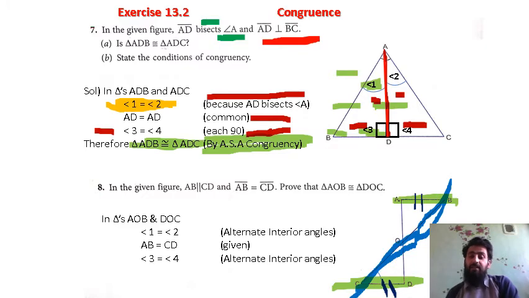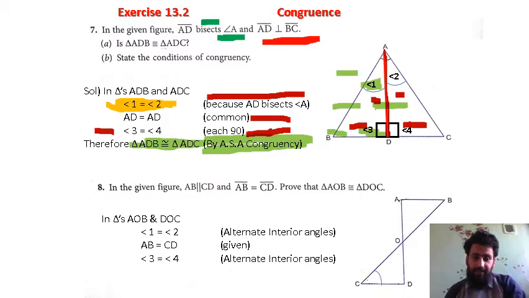So if AB and CD are parallel lines and BC acts as a transversal, then this angle over here and this angle over here are called alternate interior angles, angles that lie at opposite positions. And when lines are parallel, these two angles are equal to each other. So alternate angles in this case will be equal because the lines are parallel.